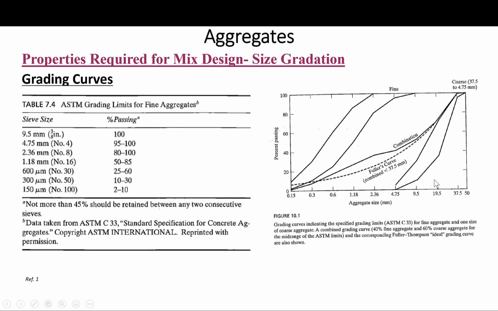This here shows grading curves indicating the specified limits for ASTM C33 for fine aggregates and for one size of coarse aggregate, as you can see here. There is also a combined grading curve with 40% fine aggregate and 60% coarse aggregate.